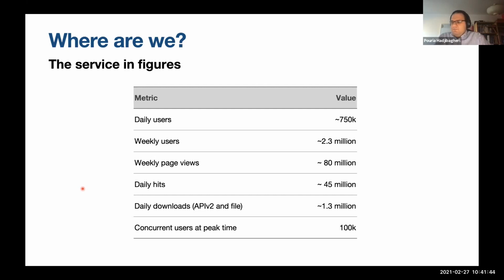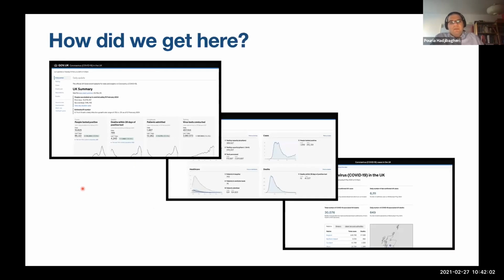People who are not necessarily scientists, are not necessarily familiar or comfortable with data, have been using it to make important decisions in their daily lives. This is something we'll get into later.